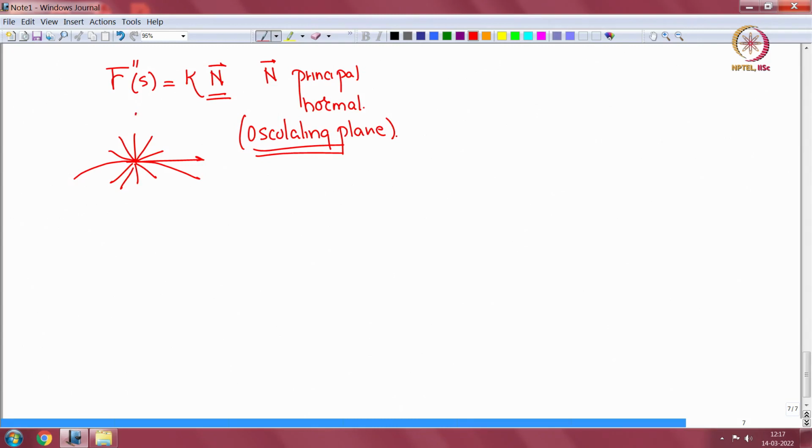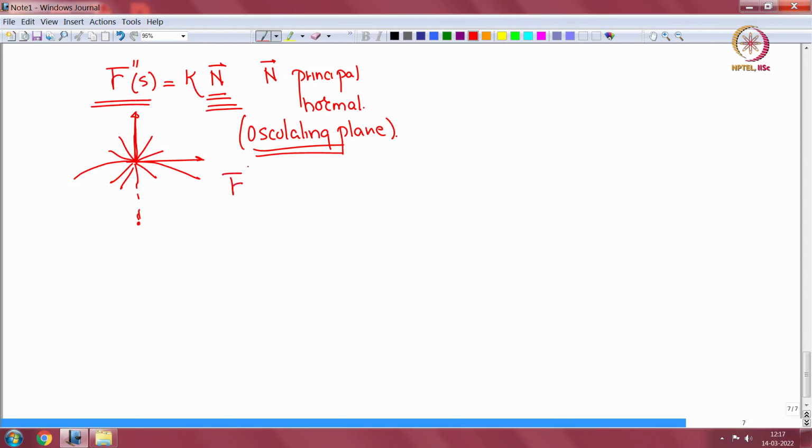we have a convention that it points away from the radius of curvature. Okay, if it points away from the radius of curvature, then the curvature vector and the principal normal are opposed.